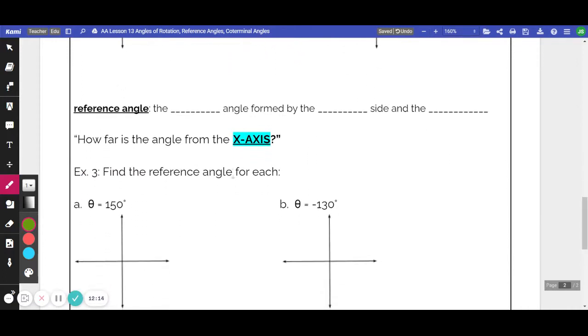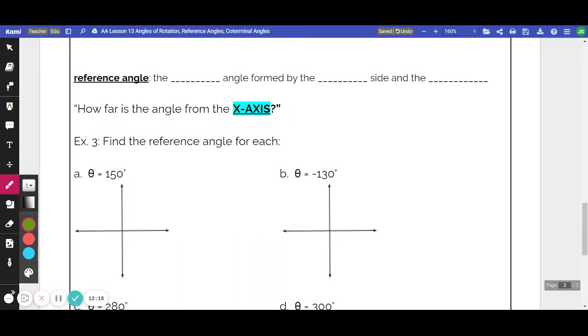Okay, and then the last one, a reference angle. A reference angle is a positive angle, an acute positive angle formed by the terminal side and the x-axis.